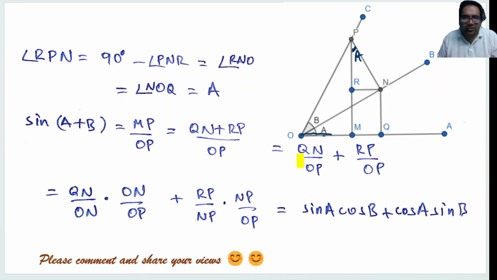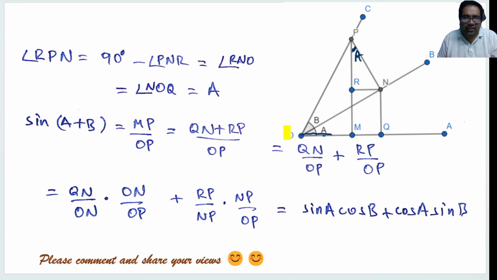So that's why we multiply QN by OP with ON, both numerator and denominator, so that it doesn't disturb the value of the fraction. So QN by OP we write as QN by ON times ON by OP. What is QN by ON? This is opposite side by hypotenuse, which is sine A. Now, what is ON by OP?